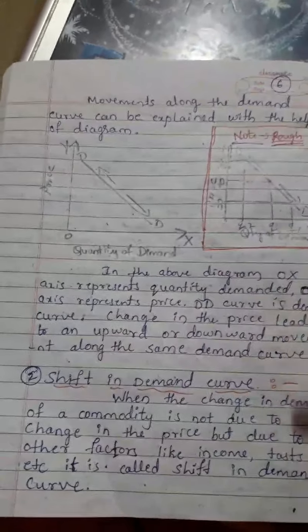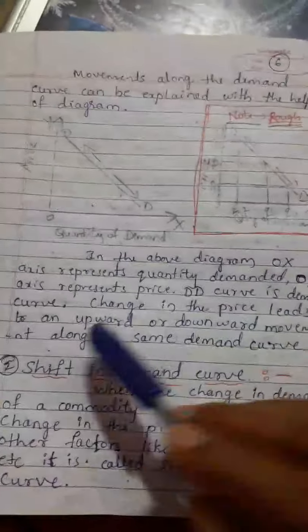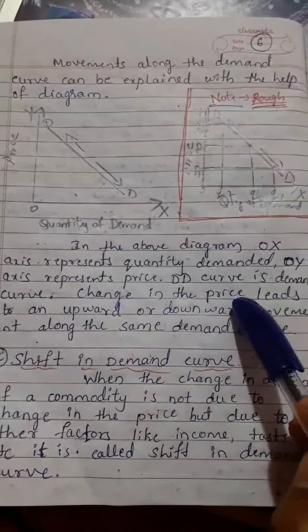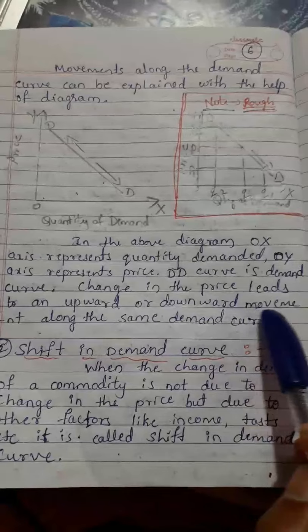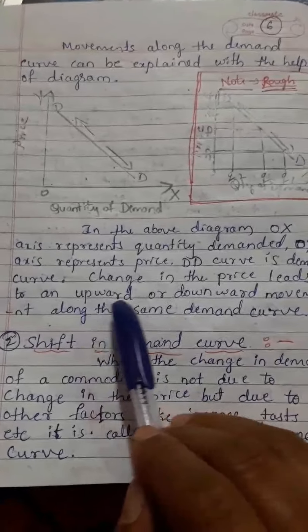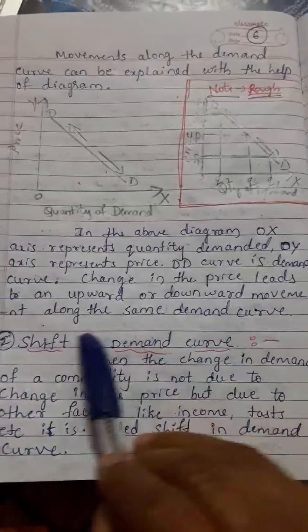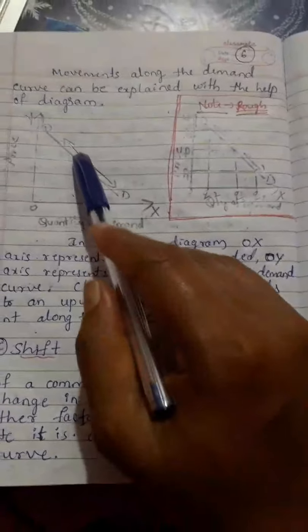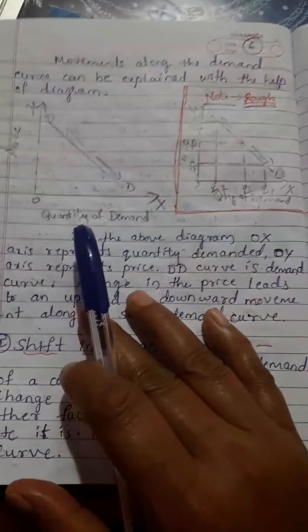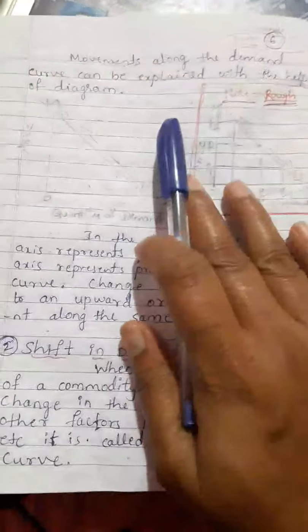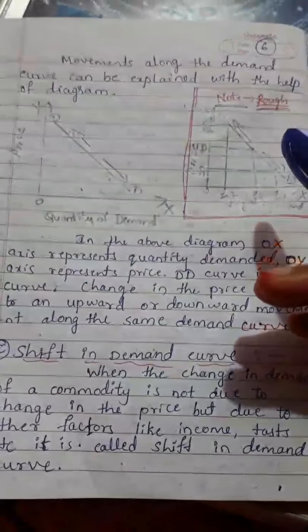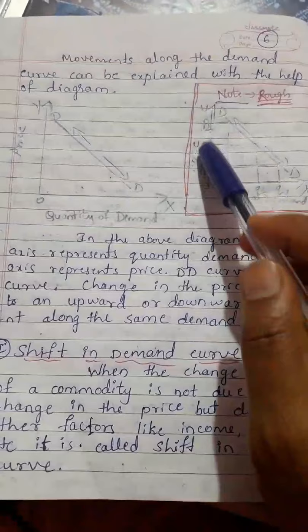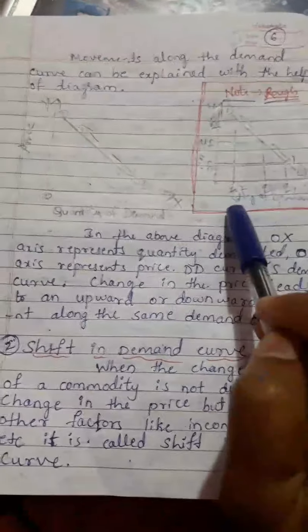Price and quantity demanded are always inversely related. Change in the price leads to an upward or downward movement along the same demand curve. This is the first one, movement along the demand curve. It depends on the price changes, which means the quantity also changes.